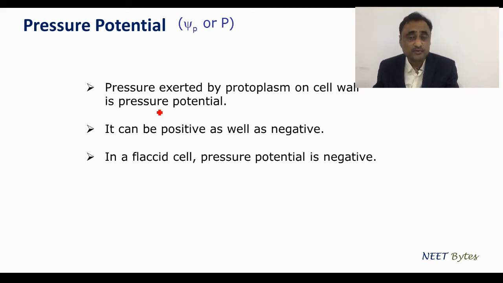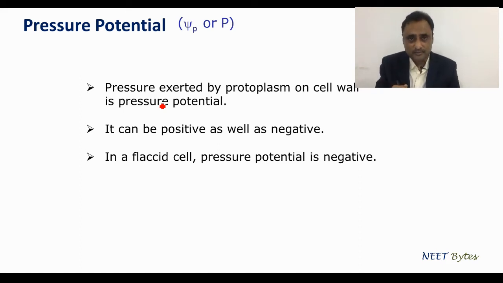When it is positive, take the example of our blood vessels. You prick one, the blood will ooze out. Why is this oozing of liquid happening? It is happening due to positive pressure potential. You prick any leaf, liquid will ooze out. So oozing of liquid denotes that the pressure potential is positive. Now take the example of xylem.